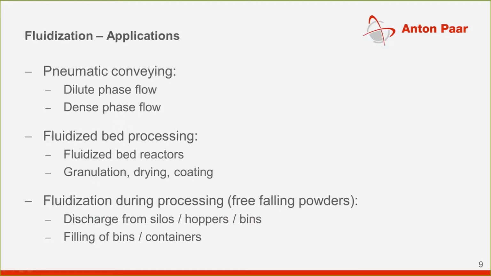They have the advantage of very uniform particle mixing and also a uniform temperature gradient in the powder bed. Another example of fluidized bed processing is granulation, which is often used in the pharmaceutical industry, but it can also be drying of powders, coating of powder particles, and so on.